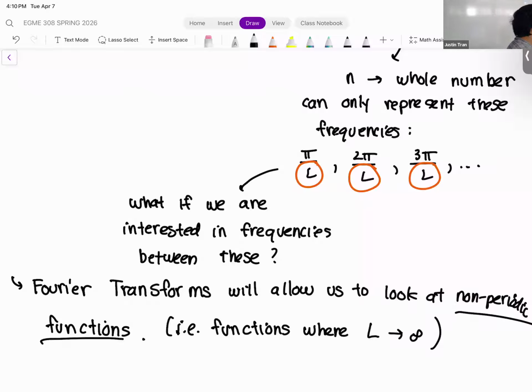So that's kind of the motivation. The motivation for this unit is to take what we understand from the Fourier series, what we understand about frequency, and then try to apply that to our non-periodic functions.